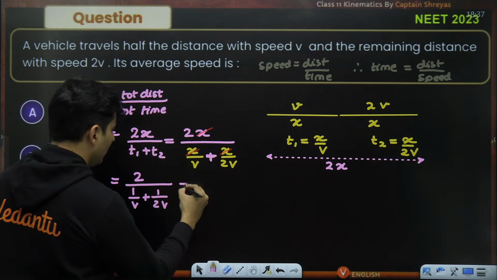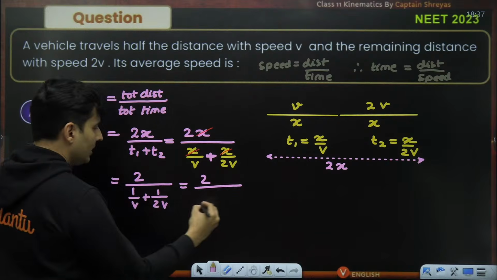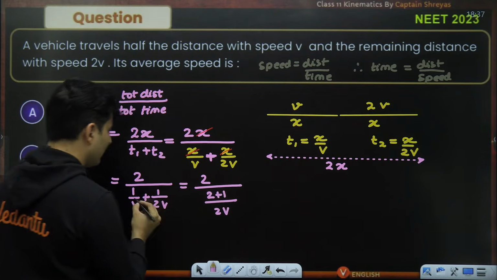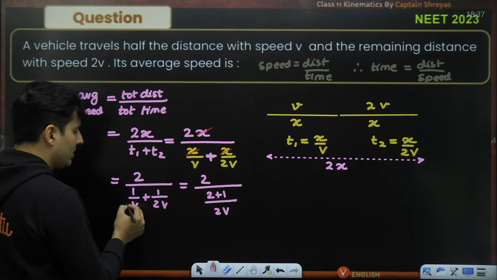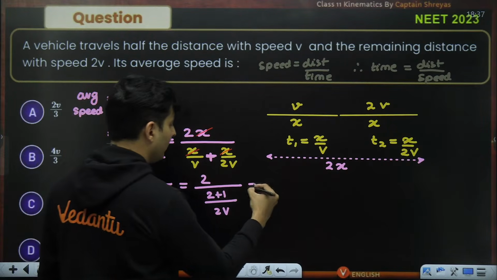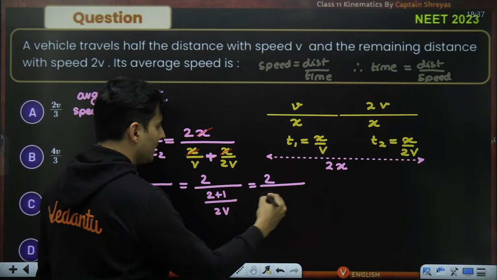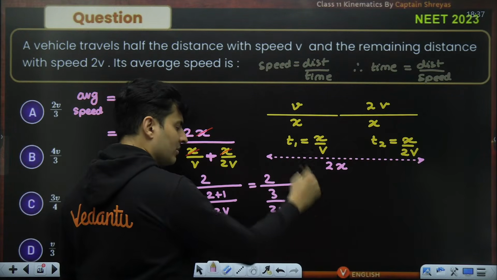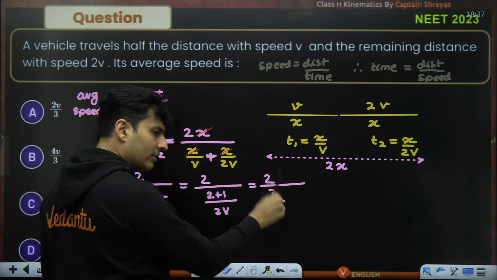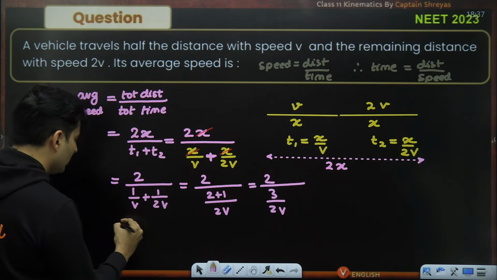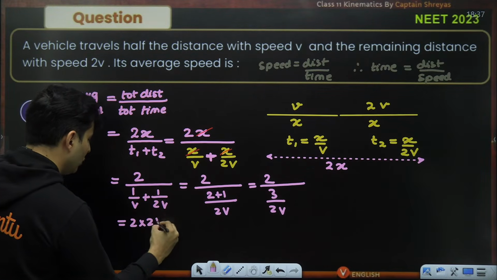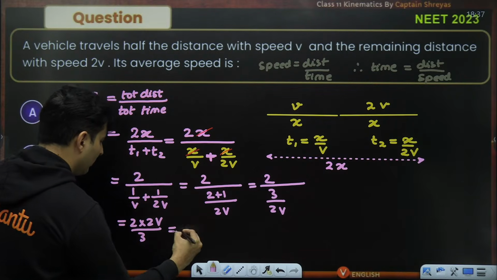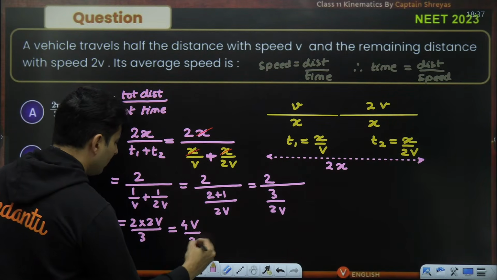Take the LCM, which is 2v, so this will be 2 plus 1 in the numerator, which is 3, so 3 divided by 2v. Obviously, if it is in the denominator of the denominator, it can go on the top. So this will become 2 multiplied by 2v divided by 3. 2 2s are 4, so therefore it will be 4v divided by 3.